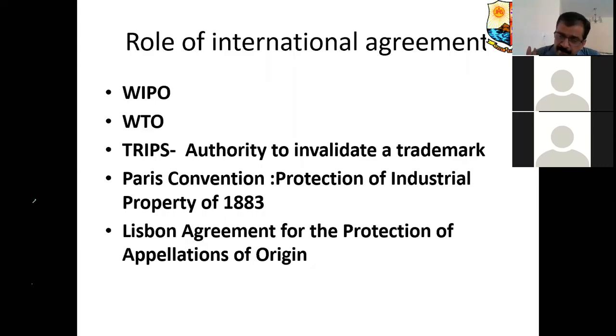At the time of the Lisbon Agreement itself, people found that there is a possibility of misuse of the items by creating one item very much similar to the other. Therefore, all these organizations will help in protecting the geographical indications.